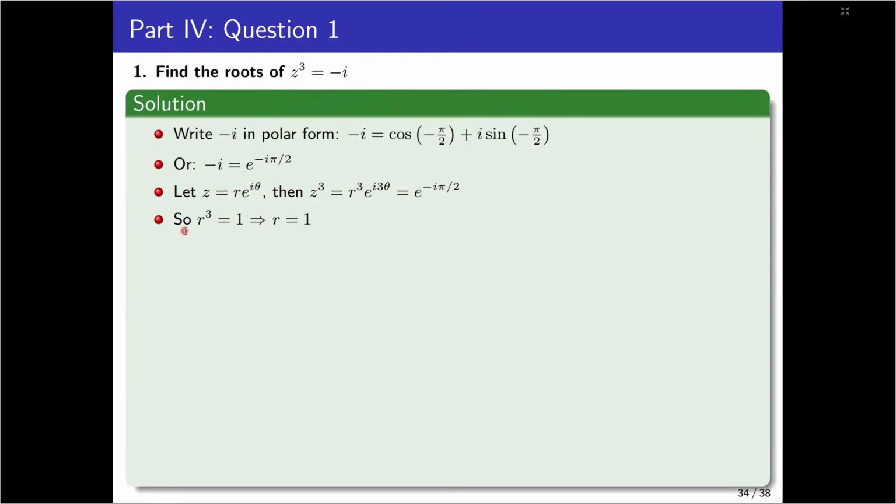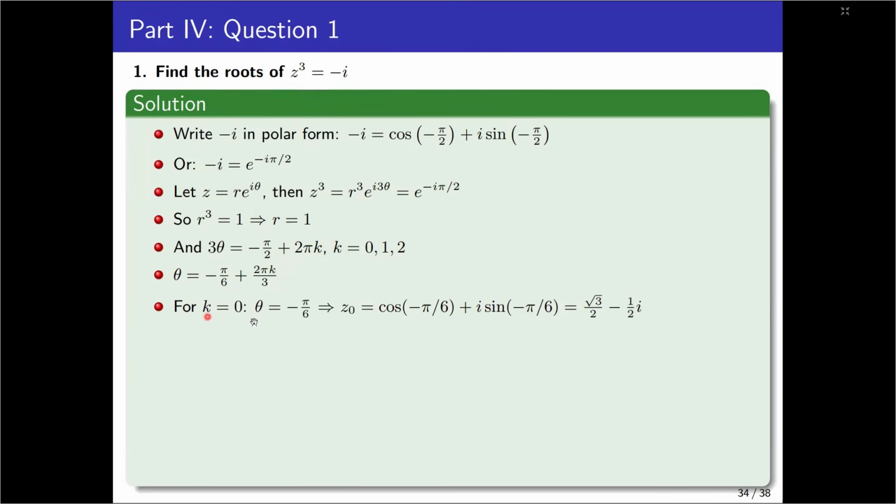So r cubed is 1, and then 3 theta is equal to negative pi over 2 plus 2 pi k, where k is equal to 0, 1, and 2. Then theta is equal to minus pi over 6 plus 2 pi k over 3, where k is again one of these three values.